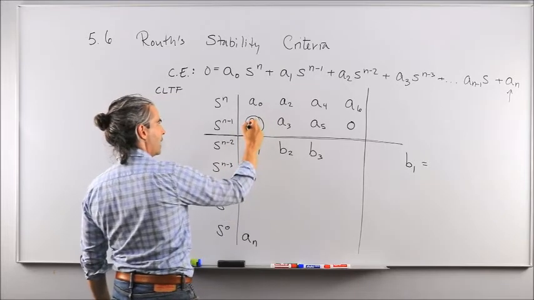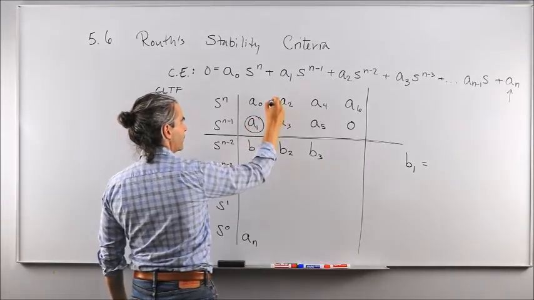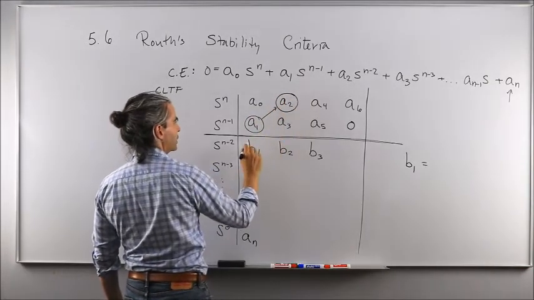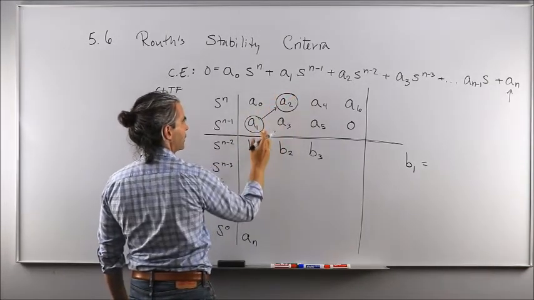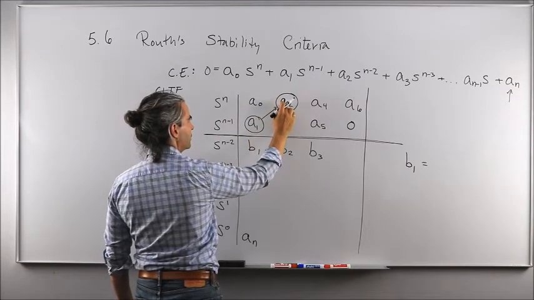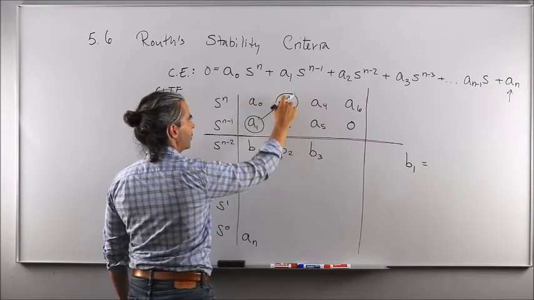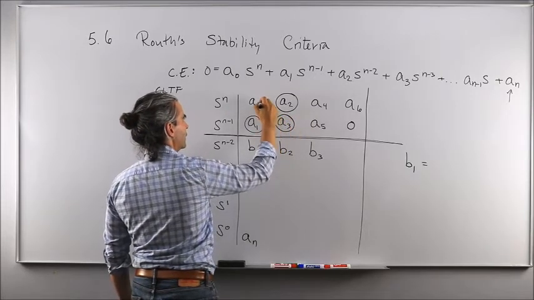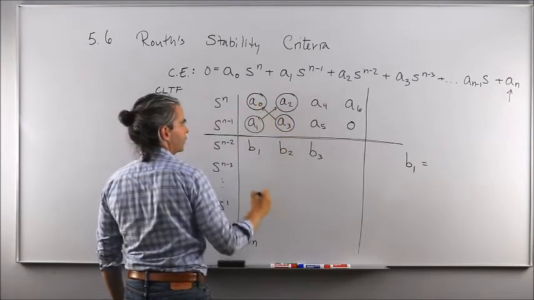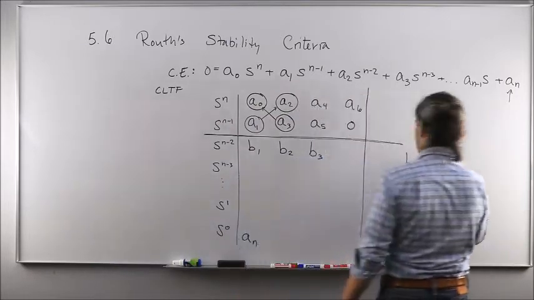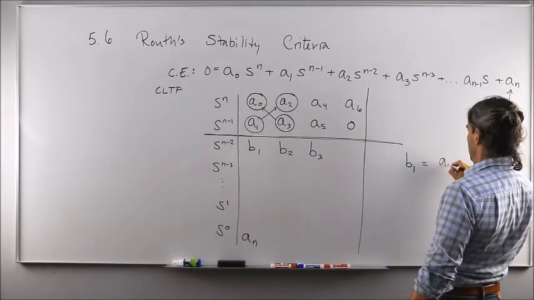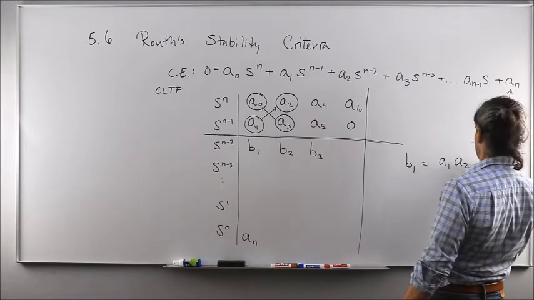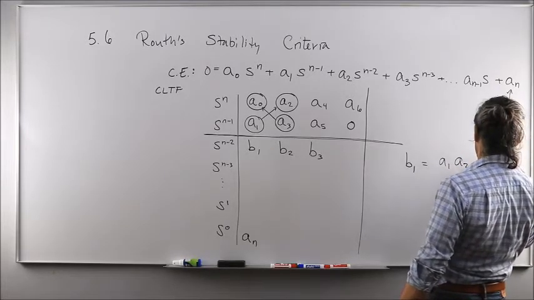And then you do that one times this one, which is kind of crossed to the right. So A1 times A2, and then you do minus the one below here times this one. So in terms of equation, that would be B1 equal to A1 A2 minus A3 A naught.